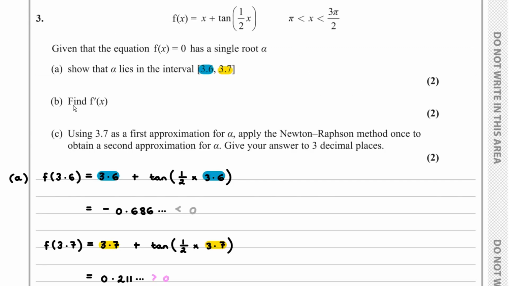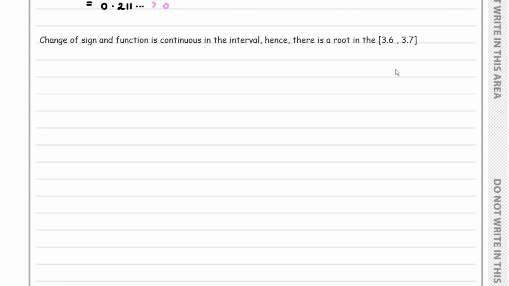Part B. Find f dash of x. For part B, we know already f of x is equal to x plus tan of 1/2 x, and therefore, to find f dash of x, we would have to differentiate this function. Differentiating x, we end up with 1.